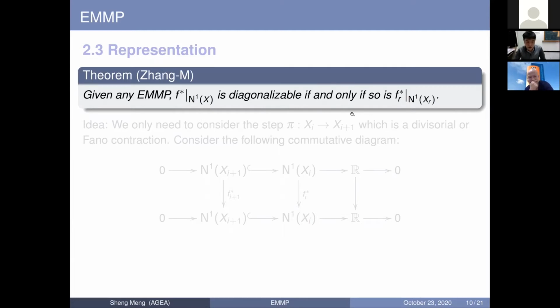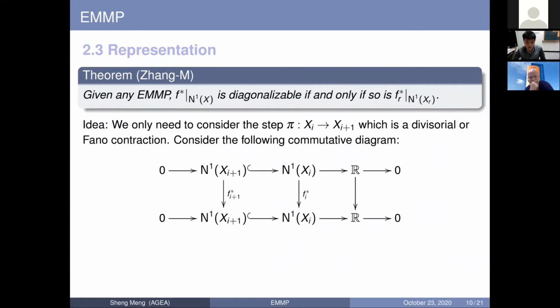The idea is simply making use of the following commutative diagram, and we only need to consider the step when it is a divisorial or Fano contraction. Anyway, we have the following diagram, and it is a hyperplane of this. The first is the hyperplane of the middle one.